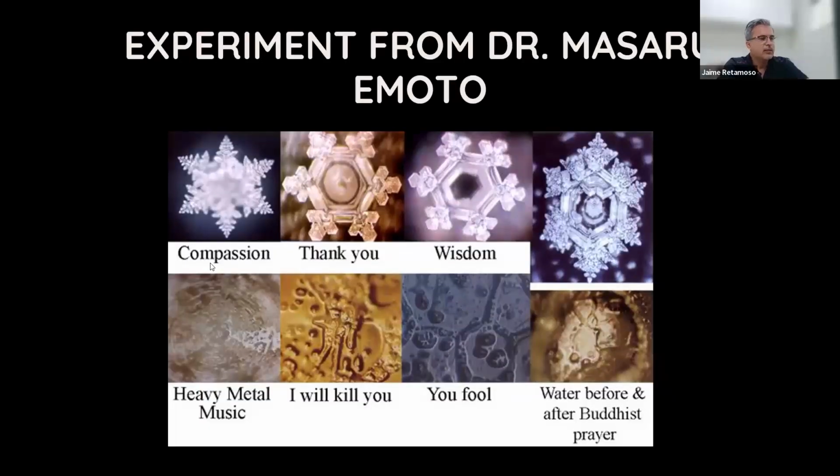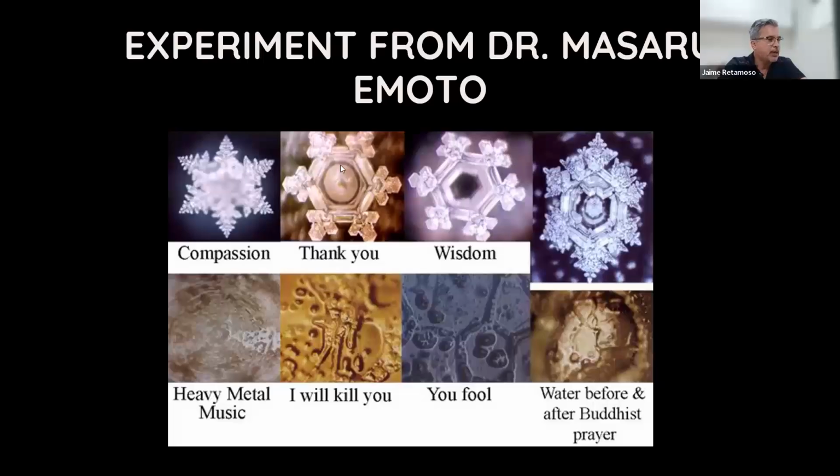So, for instance, when the water was close to a person who has compassion, the water will be frozen to make ice, and then he will take a picture of the ice molecules and they will see these very beautiful shapes of the water.